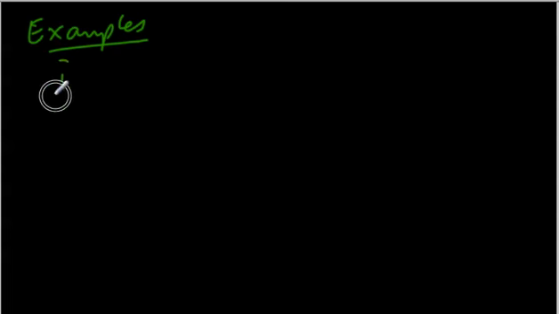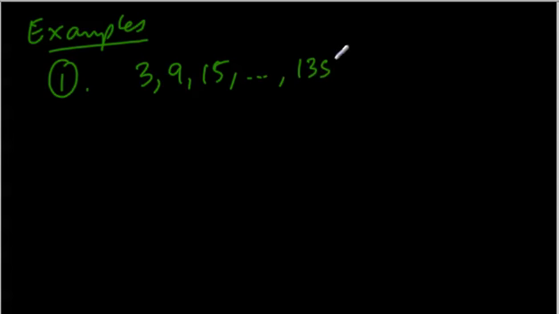All right. So we're just going to do a couple of examples. Let's do the first one. Let's say we have a sequence that starts with 3, 9, 15, and just keeps on going until we get to 1353.